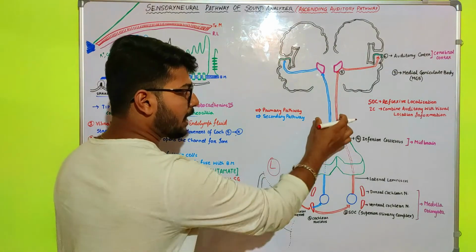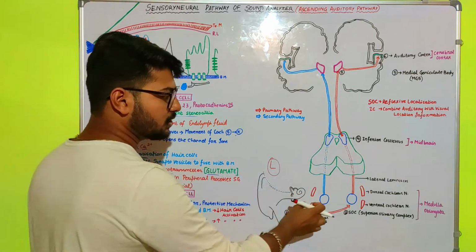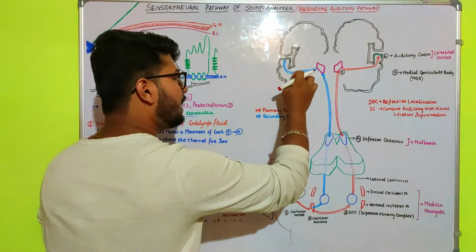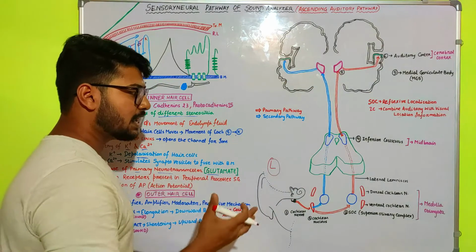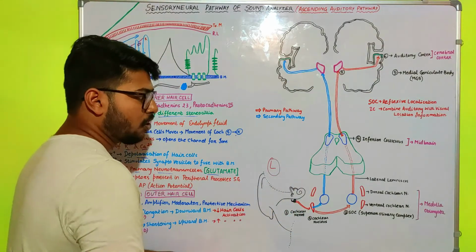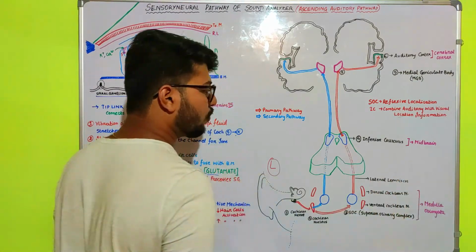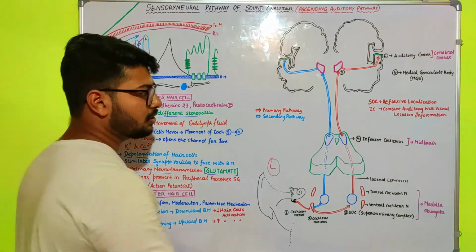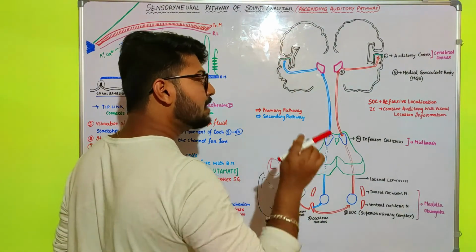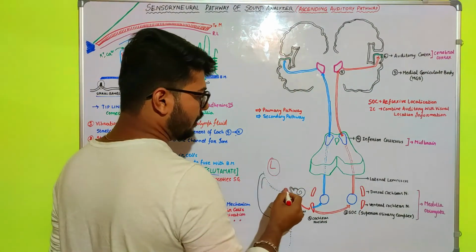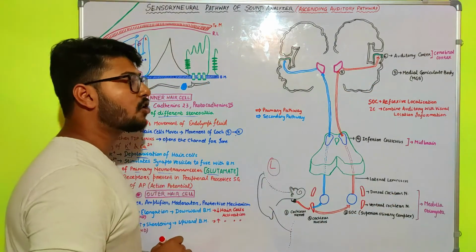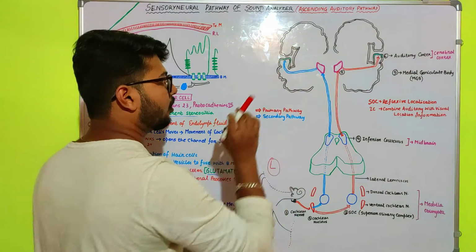We have some advantage due to both of these passages of information to both the right and left auditory cortex. When there is some kind of pathology in the left ear, obviously the right ear is going to receive the sound, then the right ear is going to provide the information to the left cortex, and some minor information is going to travel to the right auditory cortex along with the left auditory cortex.